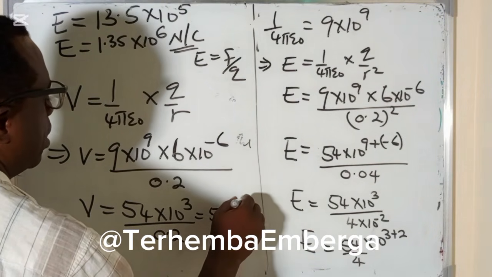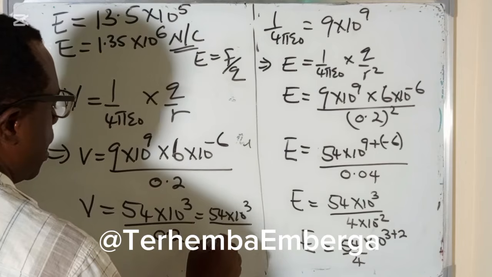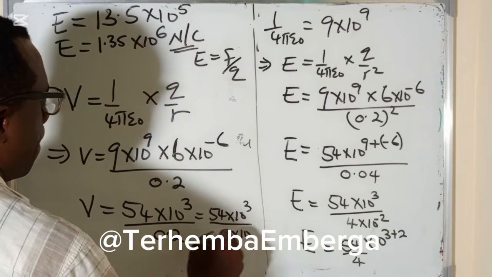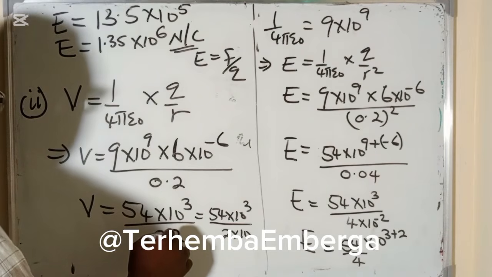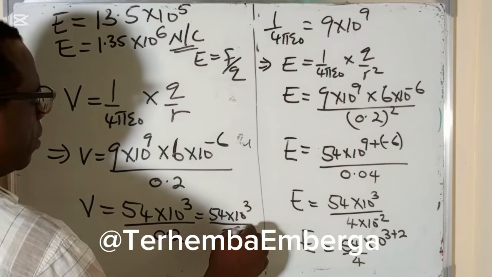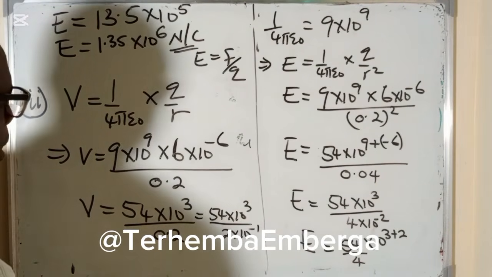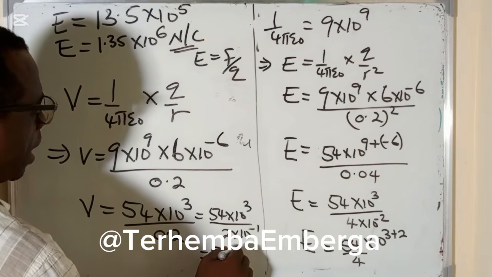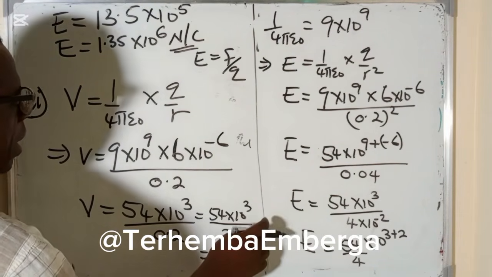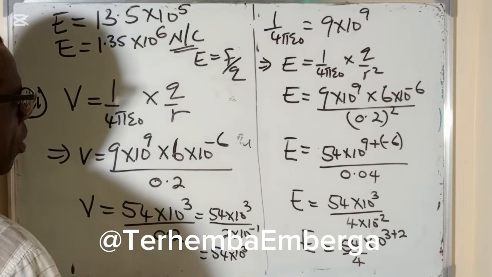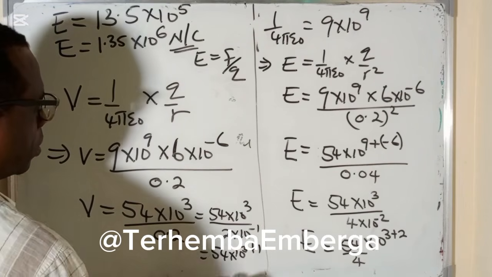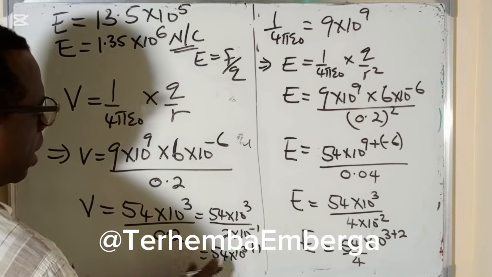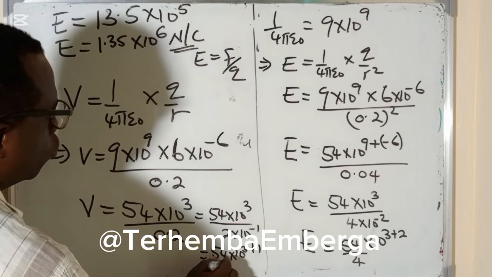So we can still convert this to standard form by saying that 54 times 10 raised to power 3 divided by 2 times 10 raised to power minus 1. Remember, we are moving 1 to the left, minus 1. And we can write this as 54 times 10 raised to power 3, if you take this up, it becomes plus 1. And we have 54, remember, this is still divided by 2.